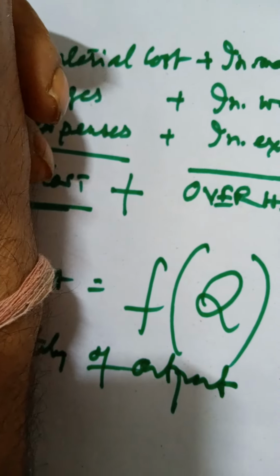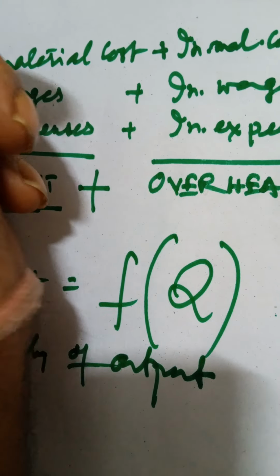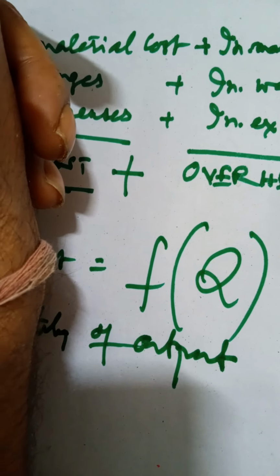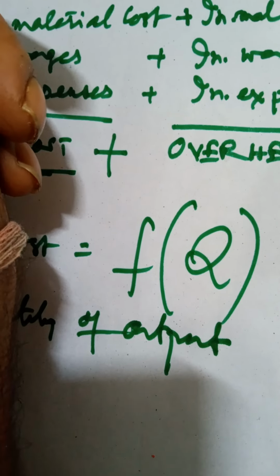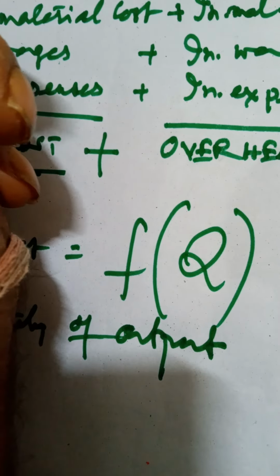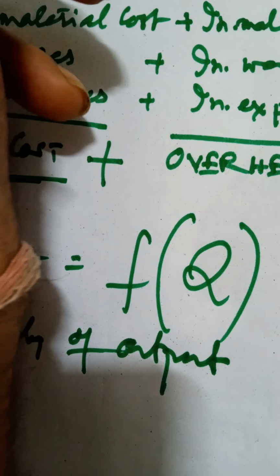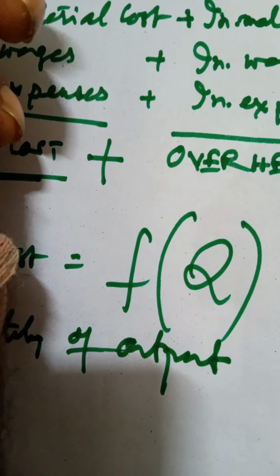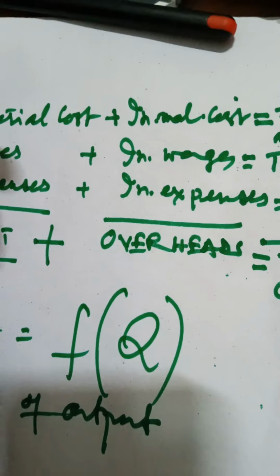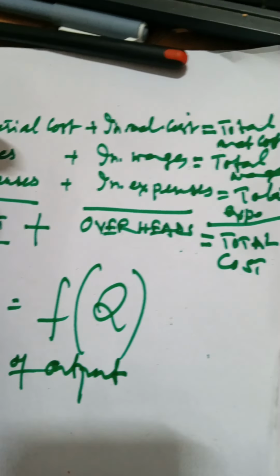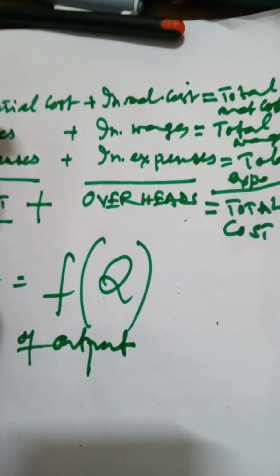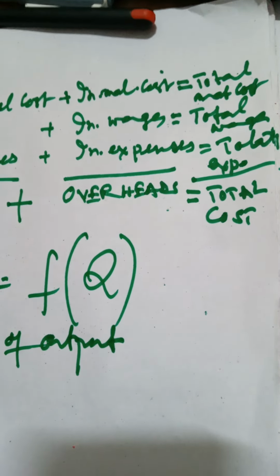Say for example, rent of the premises, office premises, or rent of the factory does not change if output level changes, because this expense is contractual, that is predetermined. If a manufacturer does not produce anything in a particular year, a particular month, still he has to pay the full rent for the month or the year, as the case may be.